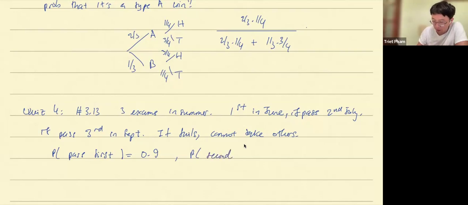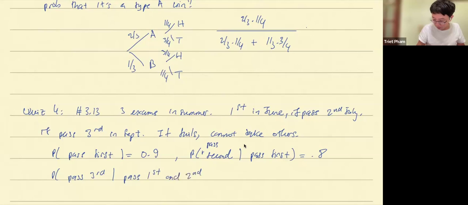Of course, you see now, you cannot write down the probability of passing the second alone. You can, but this is 0.8. And the probability that she passes the third, conditional on passing the first two, is 0.7.